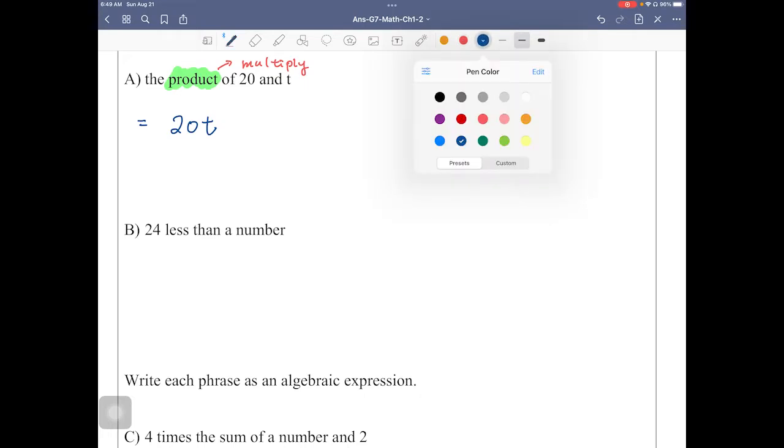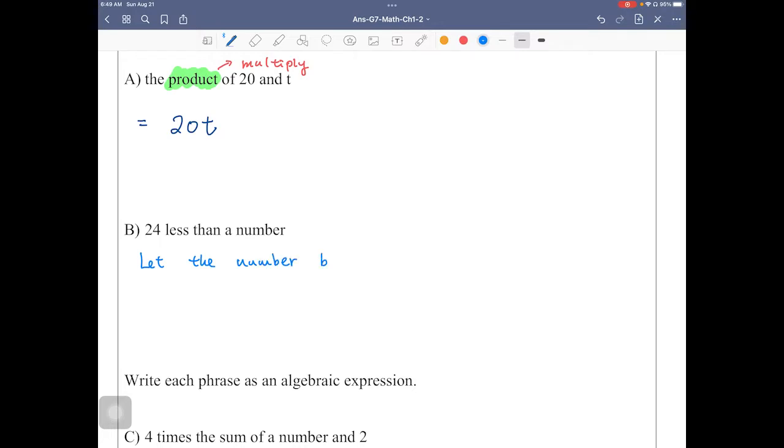Then now I have 24 less than a number. I'll let the number be n. So 24 less than a number n.